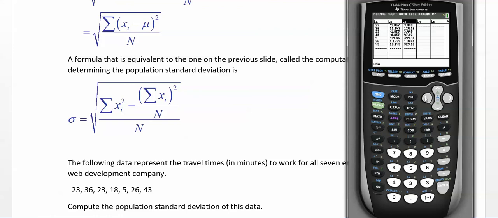Let me get rid of all these other numbers here. So I'll get rid of L3, get rid of L2. Okay, so in L2, I want to square L1. So I'm going to go up top, highlight L2, and then just tell the calculator square L1. So find L1, square it.